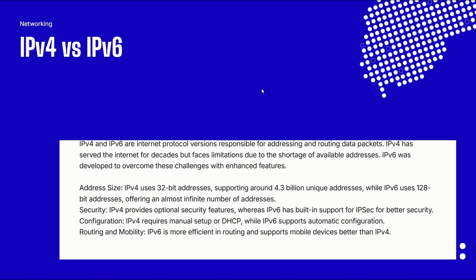IPv6 is also faster, more efficient, and comes with built-in security features, unlike IPv4, where you need to add security separately. As for address size, IPv4 uses 32 bits of address, whereas IPv6 uses 128 bits, offering an almost infinite number of addresses.